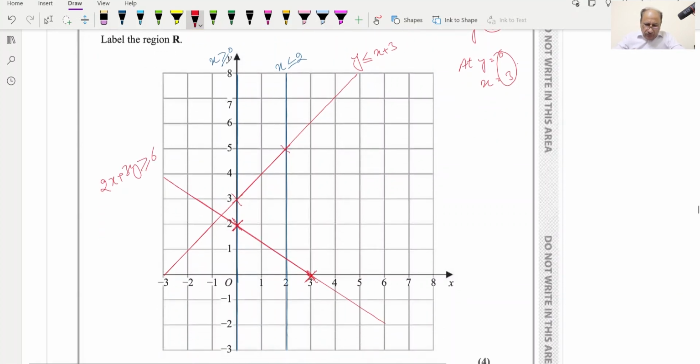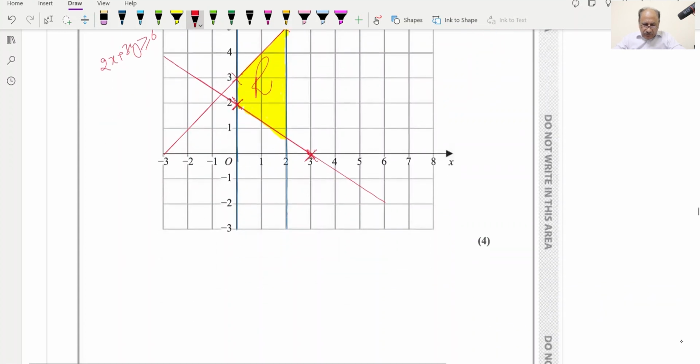Now we have to identify the region. This is the region which we are looking for, which satisfies all the inequalities, and hopefully you understood each and everything. We are shading this part which is required, and as they are saying, label the region R, so we will label this as R.